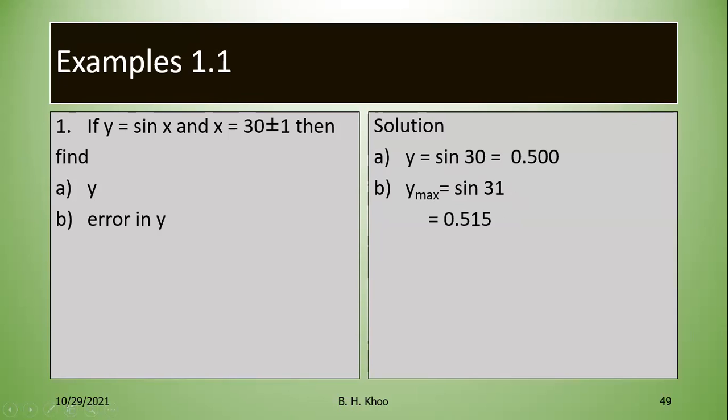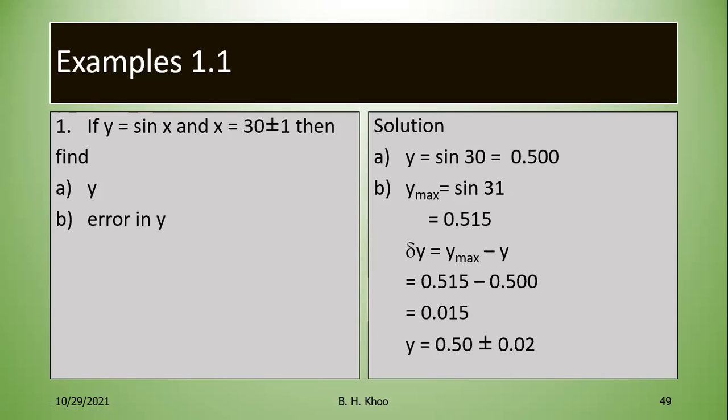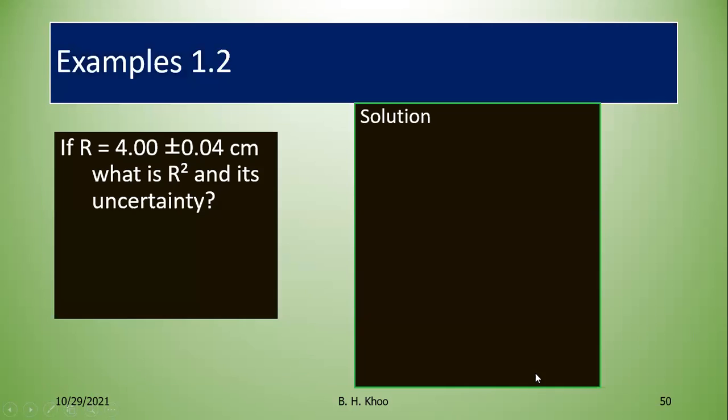If you don't want to memorize rules, use your calculator: sine 31 is 0.515. Then subtract to get the error in y, the uncertainty in y, the largest value minus the actual value. Okay, then we get 0.015. Since we want one significant figure, we can write our value as 0.5 plus minus 0.02.